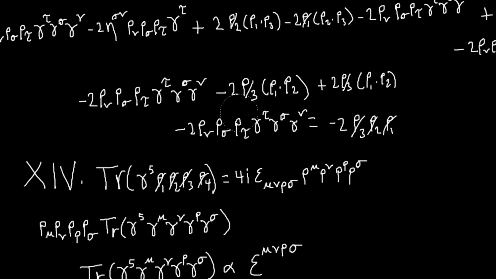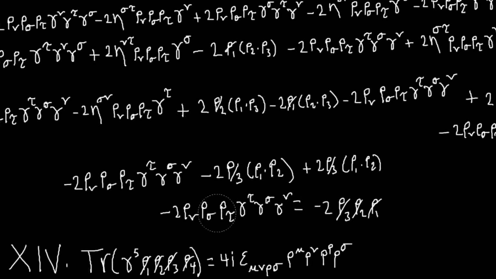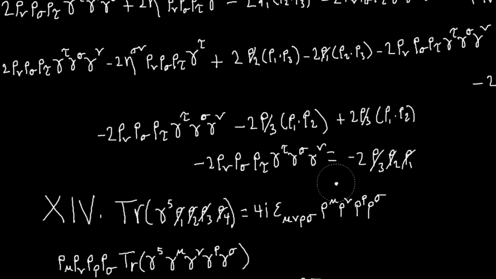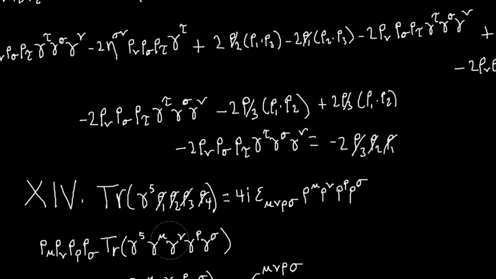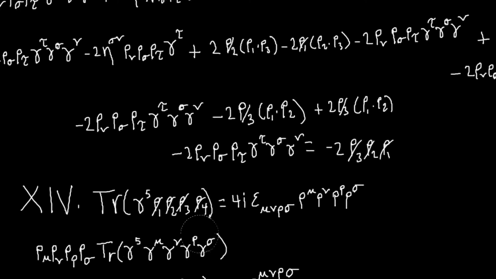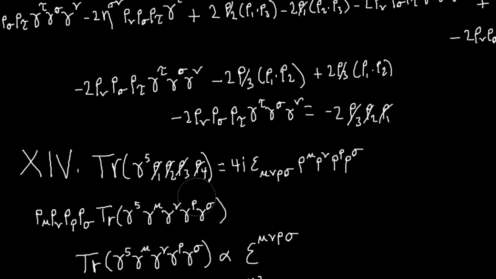Then the last one is not as bad. I have to prove this. So we do the same thing, bring out my p's. I have the trace of gamma 5 times 4 gamma matrices.